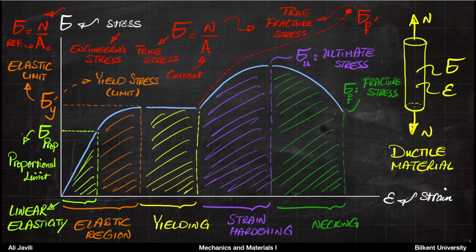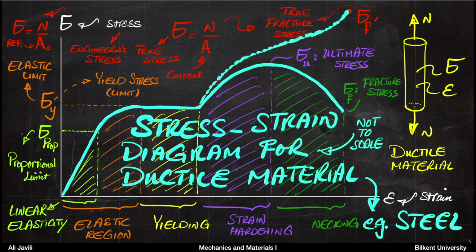Okay, so either way, you should remember that we have these sort of 5 regions to define the behavior of a ductile material. But also I need to emphasize that this graph that we have here is not to scale. So the second region here, the region where the material is still elastic but is not linear, this is usually very, very tiny, and we don't really see it.